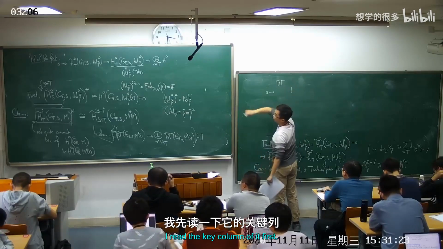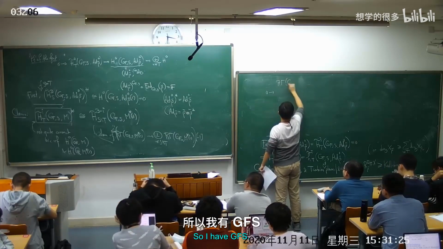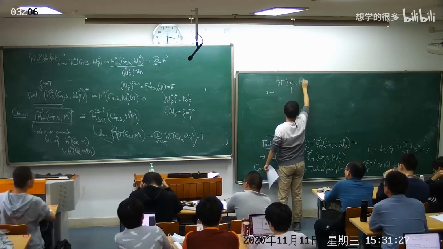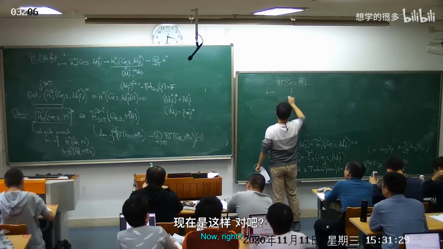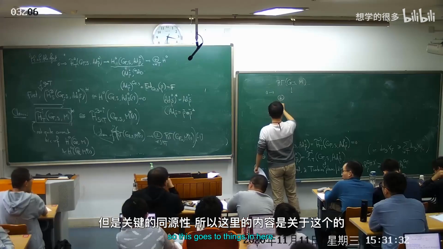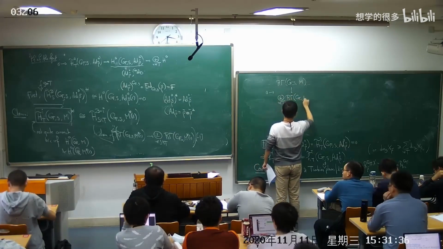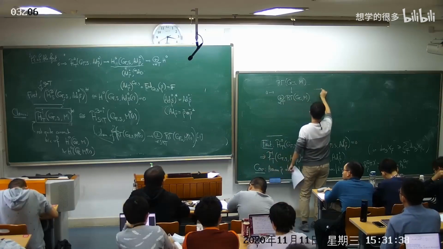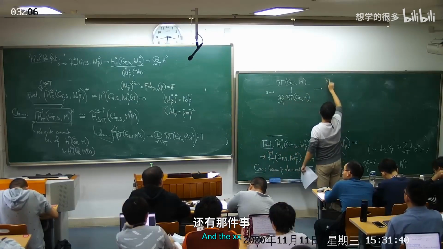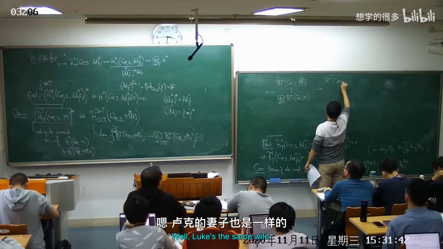I write the T cohomology first. So I have G F S M. The T cohomology goes to things in here, and the S cohomology will look the same way.